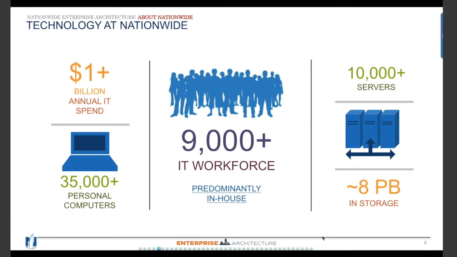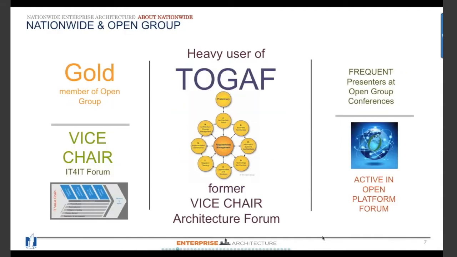We have 9,000 total in our IT workforce at this point. Right now, we're looking at about a two-thirds split in-house. That's fairly significantly different than a lot of companies who have moved to an outsourcing model. We still do an awful lot of our IT work strategically in-house here at Nationwide. So that's pretty exciting and one of the reasons why we're a great place to work in IT.